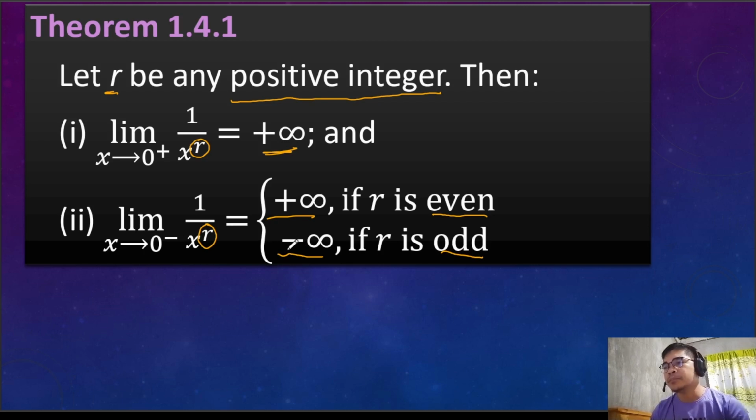So, akong balikon. Pag ang atong limit of 1 over x to the power of r as x approaches 0 from the left side, if even ang r, ang exponent, we have positive infinity. If odd, we have negative infinity.